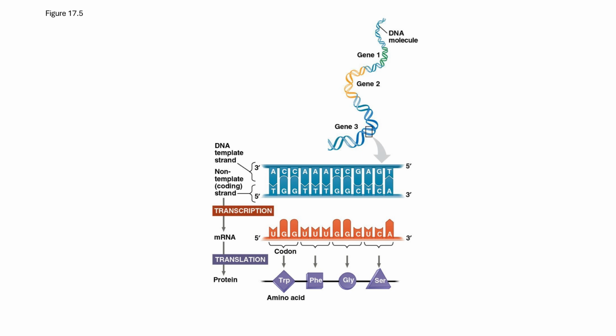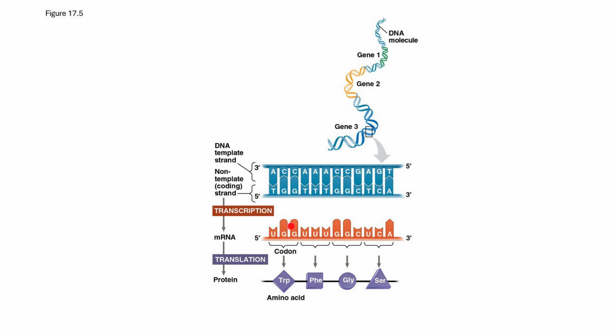Then what's going to happen is that the mRNA is going to be read in 3s, those codons, in order to figure out what amino acid needs to be placed for the protein. So every 3 nucleotides equals 1 codon.